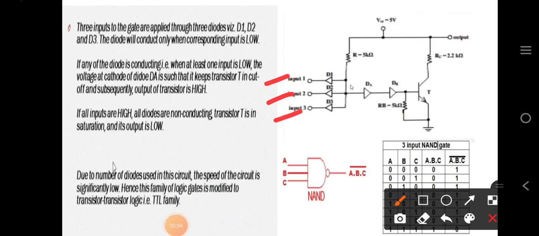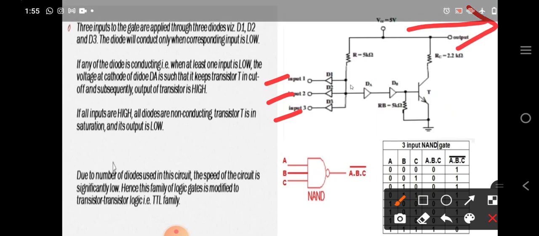So from the circuit we can see when all the 3 diodes are off, then DA and DB, these diodes also do not conduct. So when these diodes do not conduct, the transistor is in the cutoff region. So the VCC current will not pass through this transistor. The current will directly go towards the output and it will give 1.